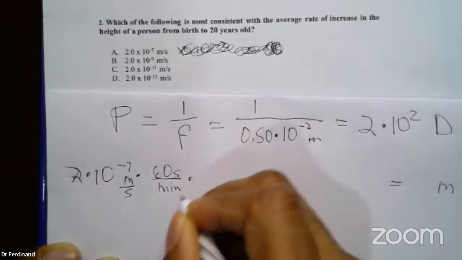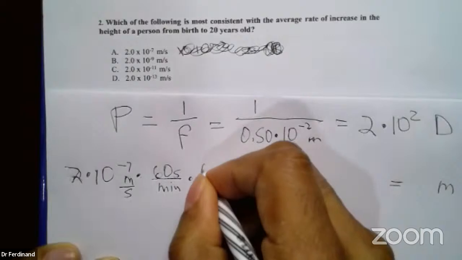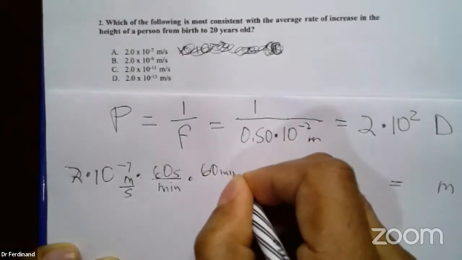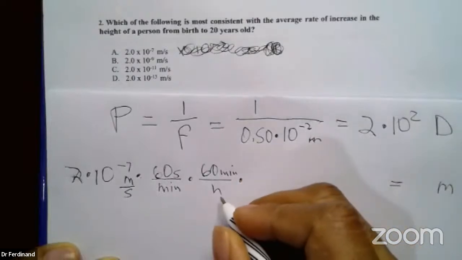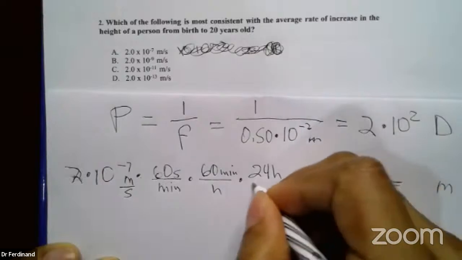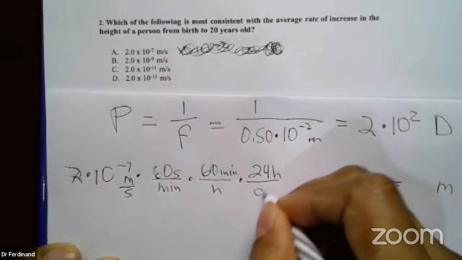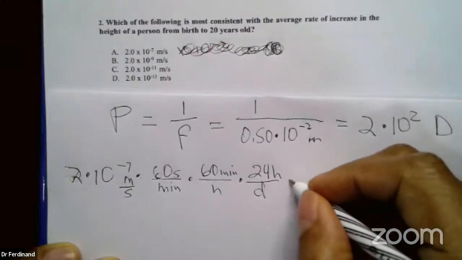Then I'll need to get rid of minutes, so I'll need minutes in the numerator. There are 60 minutes in an hour. Then I'll need to get rid of hours. Again, 24 hours in a day. Then I need to get rid of days.